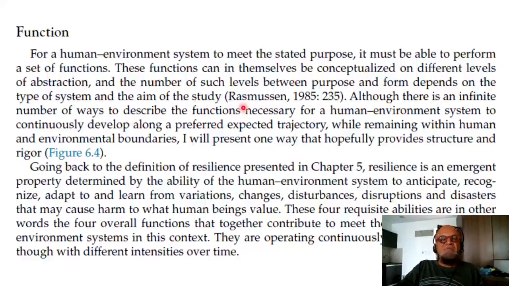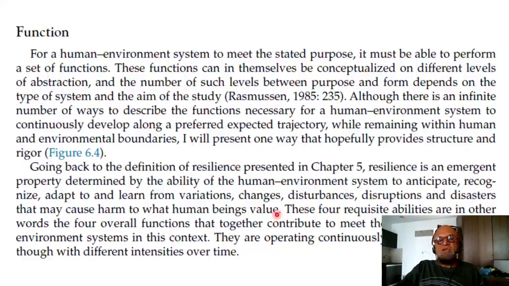Although there is an infinite number of ways to describe the functions necessary for a human environment system to continuously develop along a preferred expected trajectory, while remaining within human and environmental boundaries, I will present one way that hopefully provides structure and rigor, as we'll see in a figure.